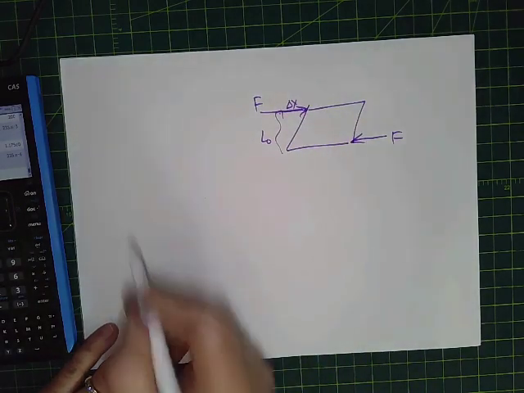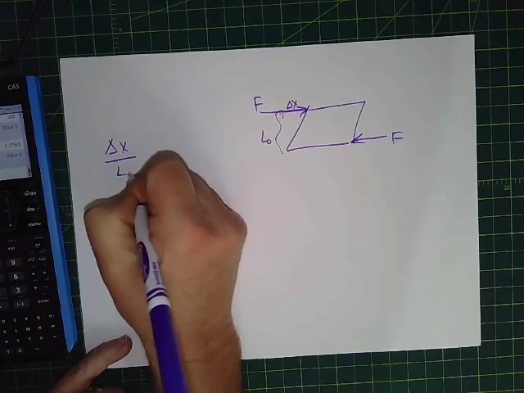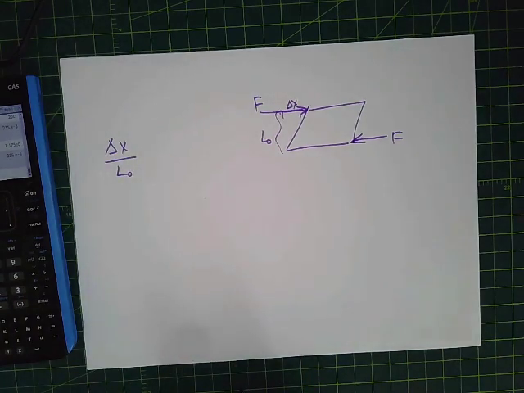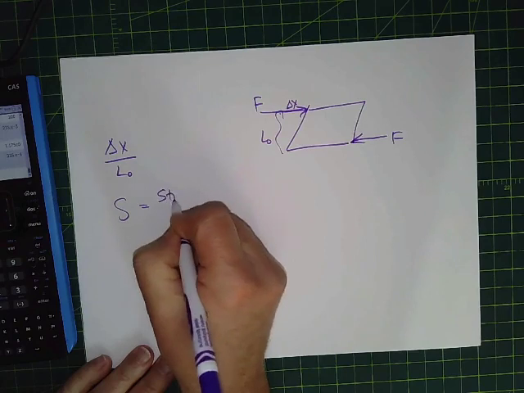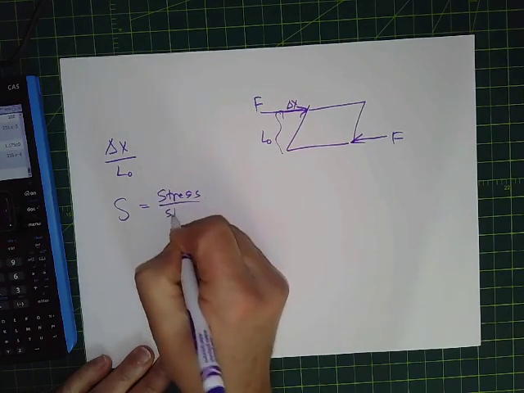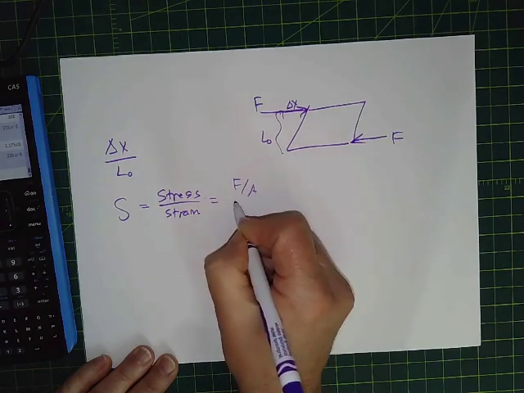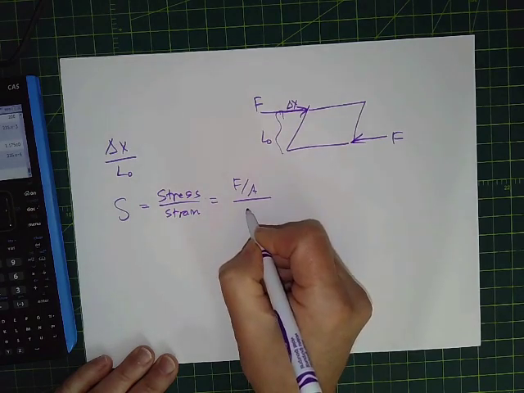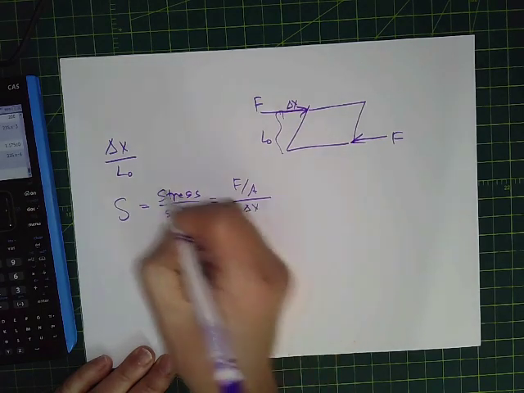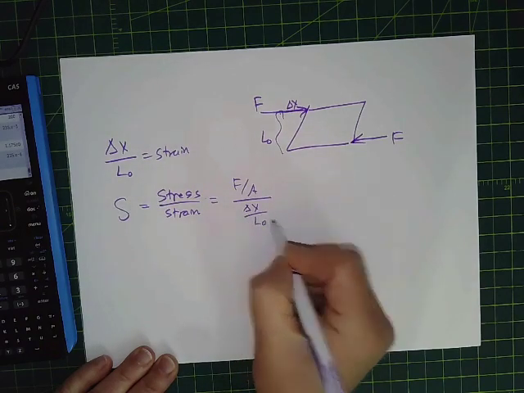So we said the strain is delta x over L naught, and the shear modulus was stress over strain. That's force per unit area divided by the strain, delta x over L naught.